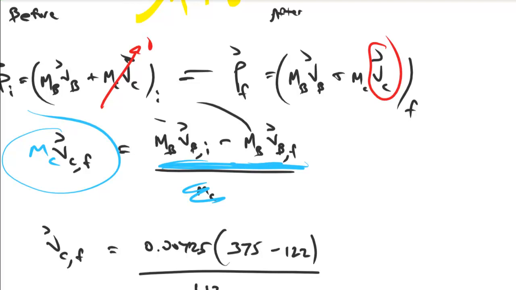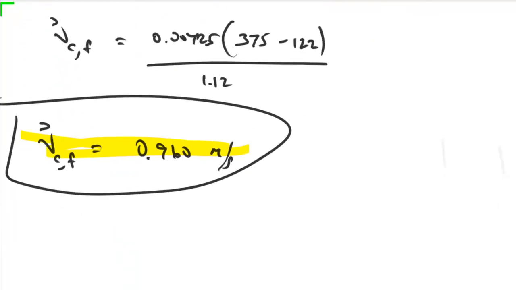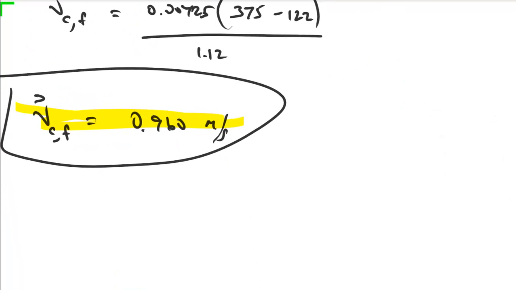So the momentum gained by the crate is the momentum lost by the bullet. That makes sense for conservation of momentum. Whatever momentum was lost by the bullet is the momentum picked up by the crate. And given the mass of the crate, we were able to find its final velocity.